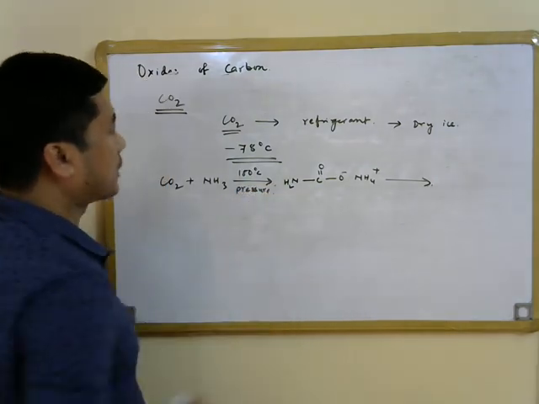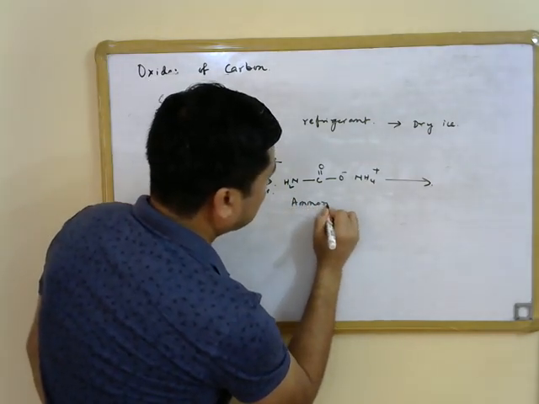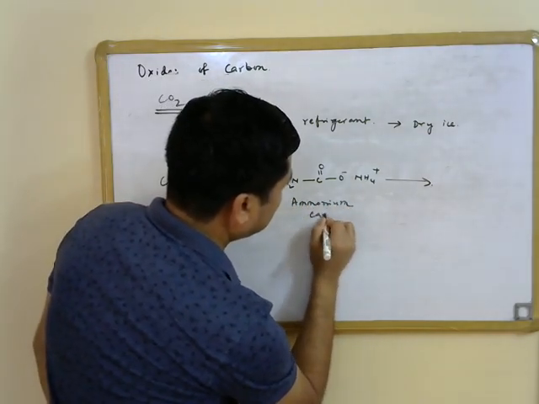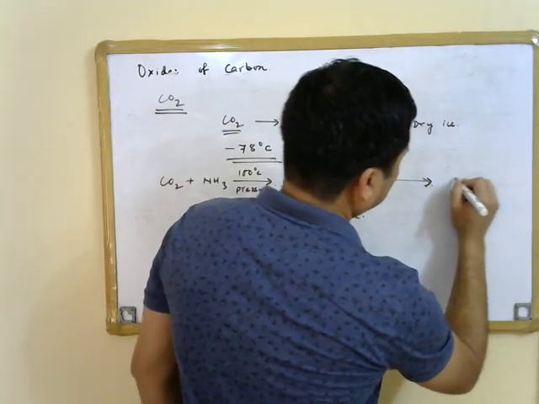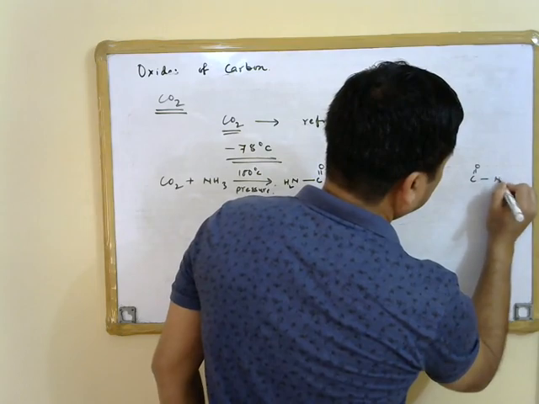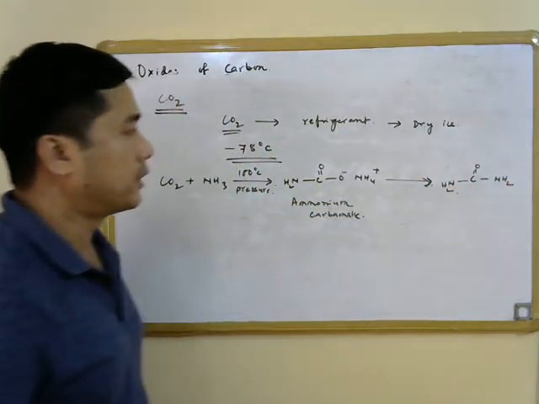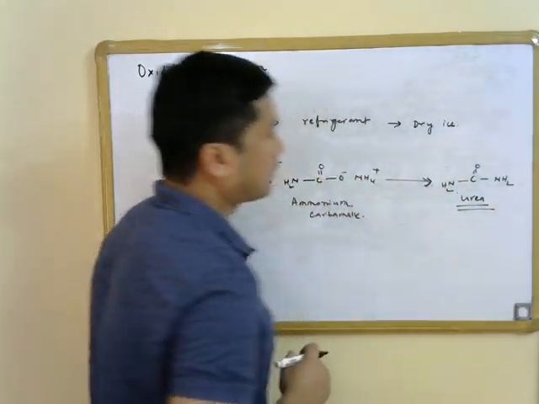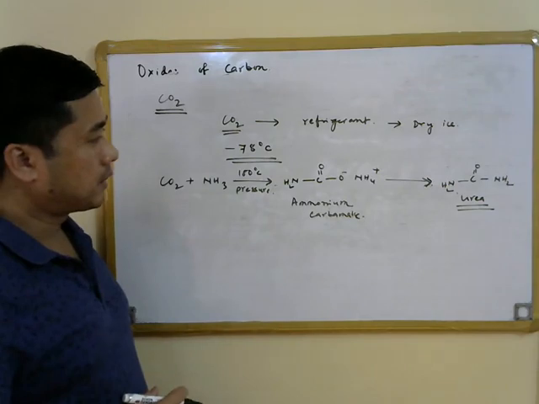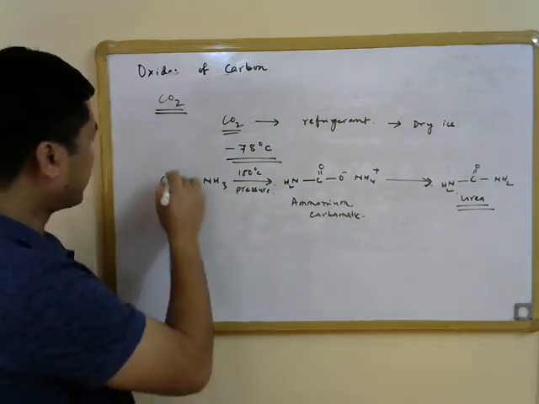It produces ammonium carbonate. And this again, because it is unstable, eventually gets transformed into urea, which is a very important fertilizer, and this is why again carbon dioxide is used industrially.